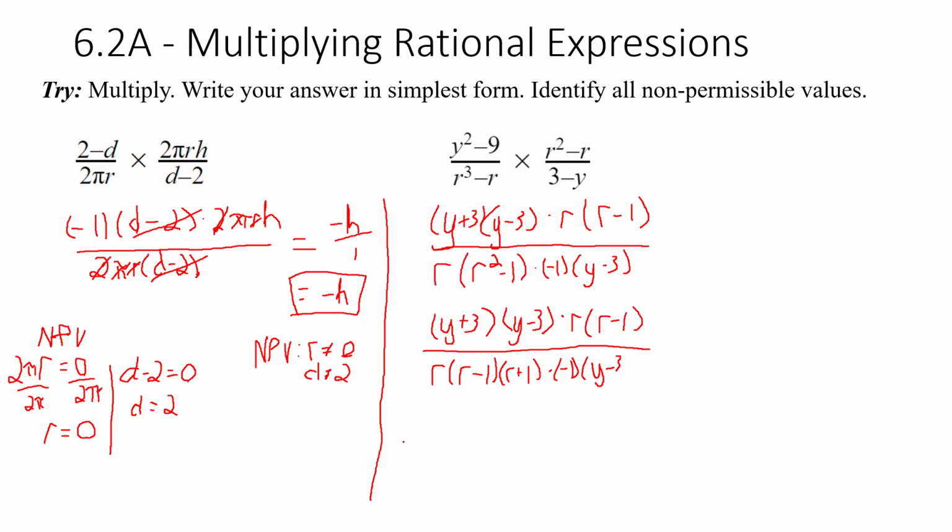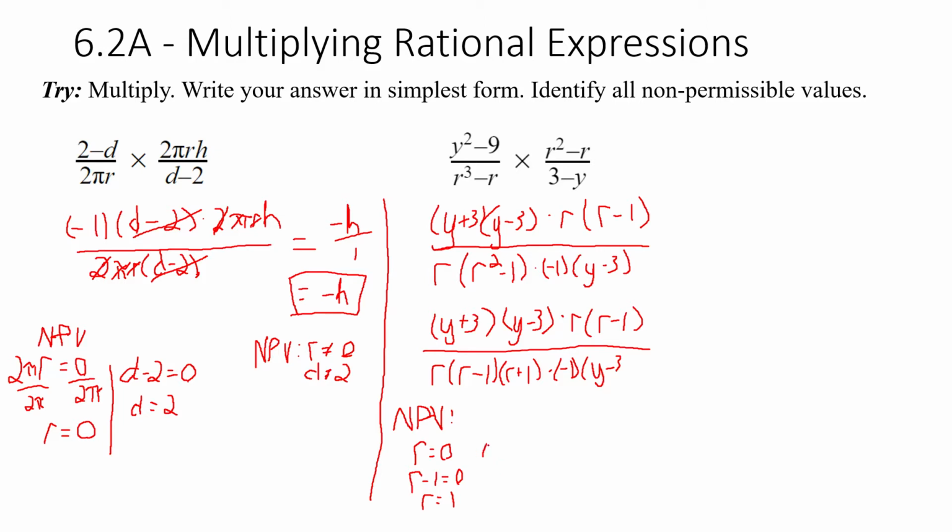Okay, let's do our non-permissible values. NPVs. What would make r equal to 0? That one's nice and easy. Just 0 would make r equal 0. And then if we had r minus 1, then what would make that equal to 0? Add 1 to both sides, and you'll find that if 1 was there, that would be no good.